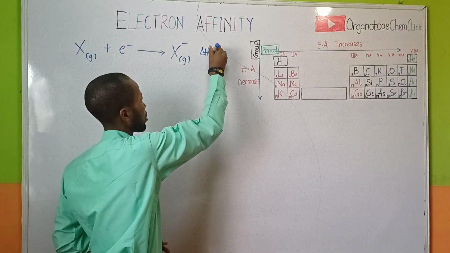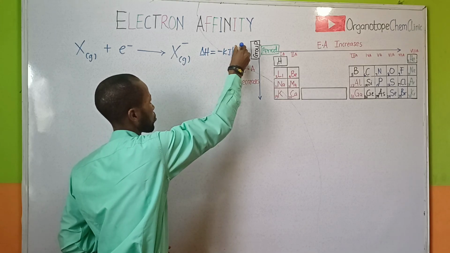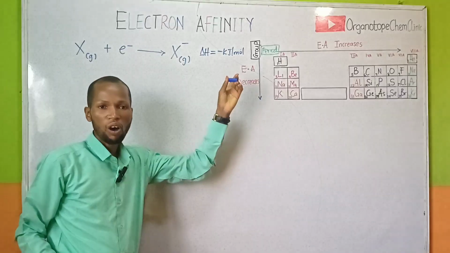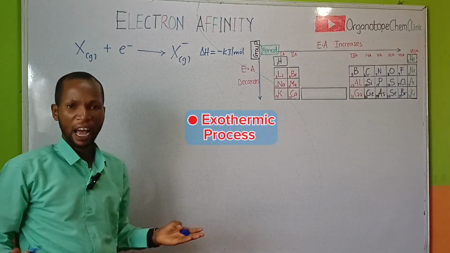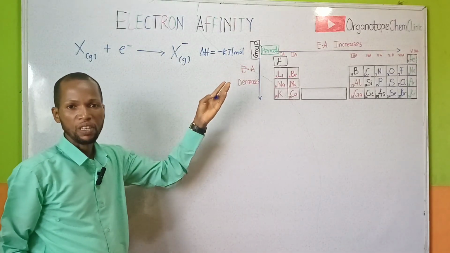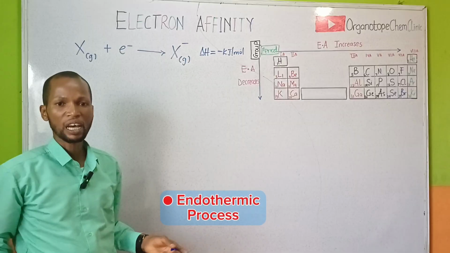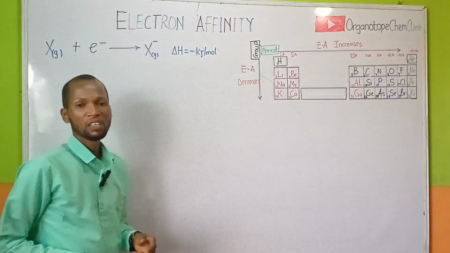We have enthalpy of reaction is negative kilojoule per mole. So the negative value of enthalpy here indicates that it is what? An exothermic process. If the sign of enthalpy is positive, then it implies it is what? Endothermic process.